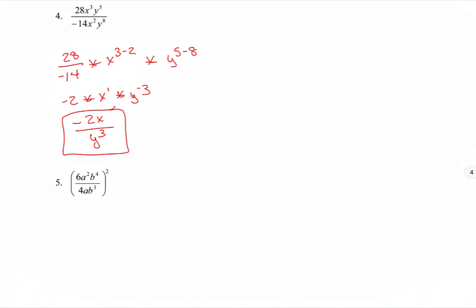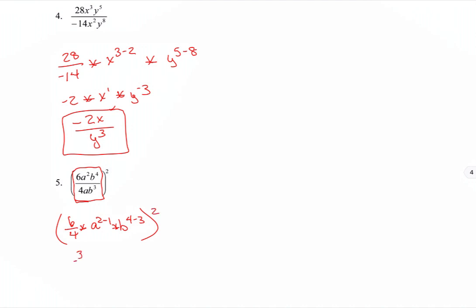Now, this is the one where I'm talking about working as order of operations. So I'm going to just work with this part, but I want to rewrite the entire question every time. So this is 6 over 4, big times a 2 minus 1, b 4 minus 3. And all of that is squared.